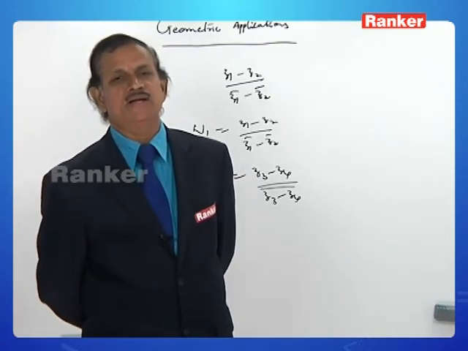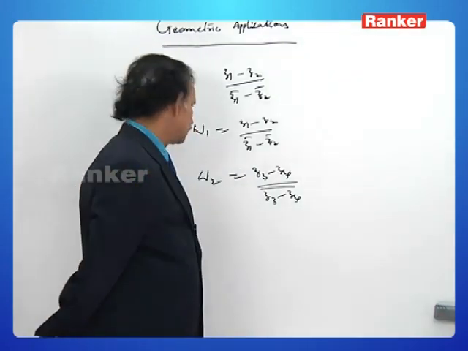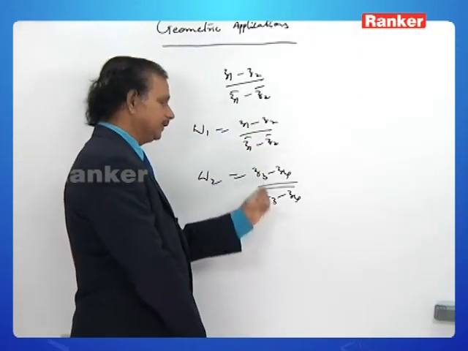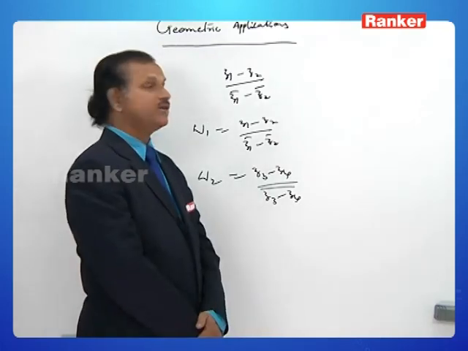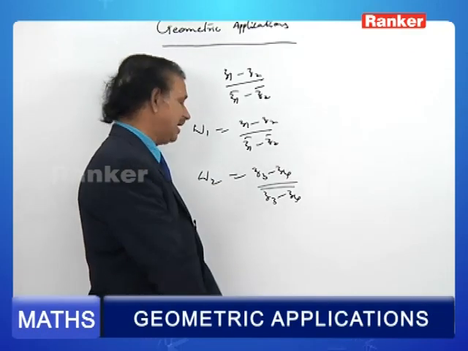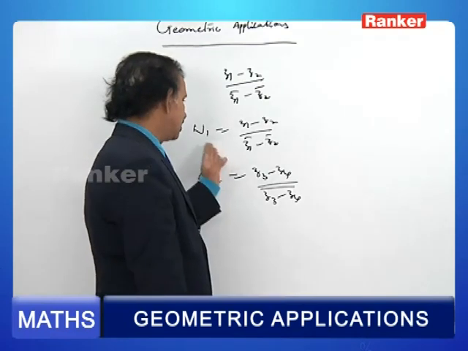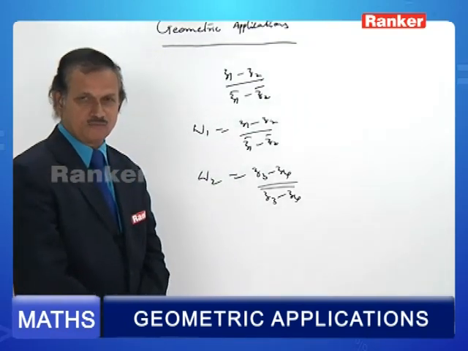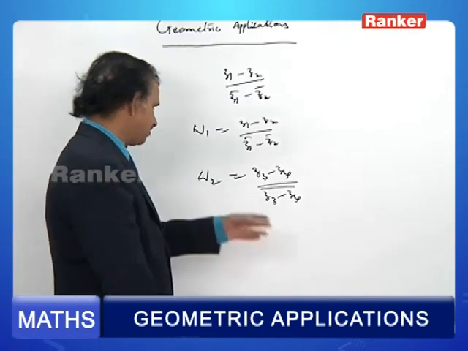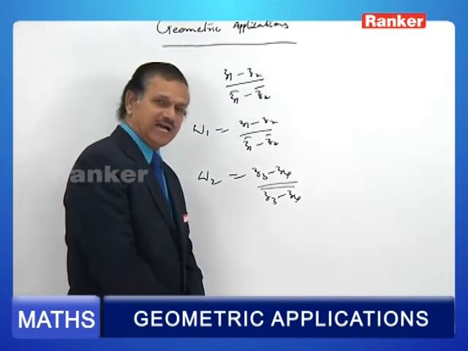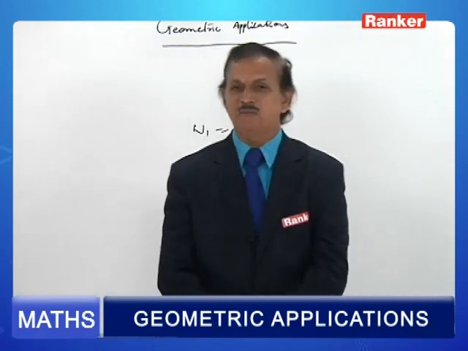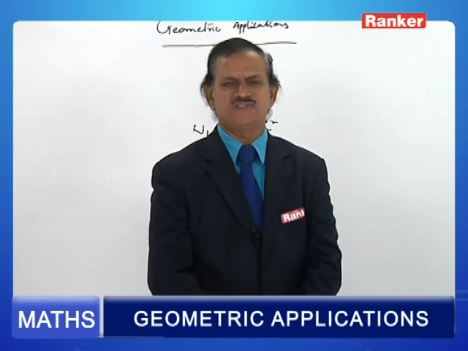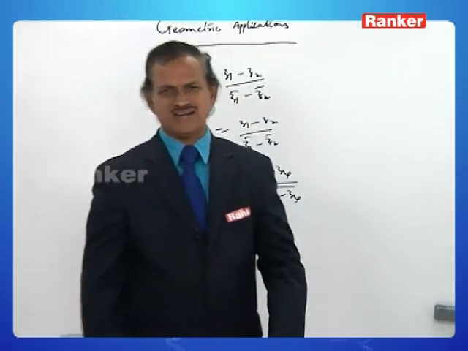What about the perpendicularity? The amplitude of W1 by W2 must be pi by 2. And you can notice that both W1 and W2 have unit modulus. Modulus of W1 is mod z1 minus z2 by modulus of z1 minus z2 bar, which is nothing but 1. Again, in terms of pi, you will be able to write it, so the proof is a matter of time.